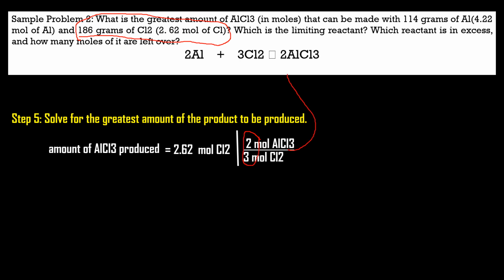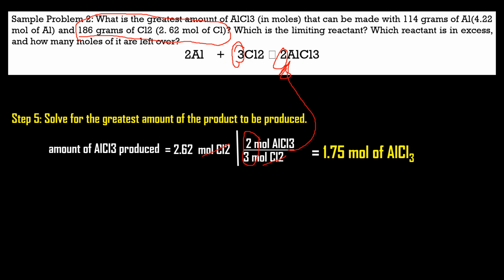We will now be using the balanced chemical equation that for every 2 moles of aluminum chloride, we have 3 moles of Cl2. And then, we cancel out the same unit for us to bring out mole of aluminum chloride. So, 2.62 multiplied by 2 moles of aluminum chloride divided by 3, the amount of aluminum chloride produced will be 1.75 moles.